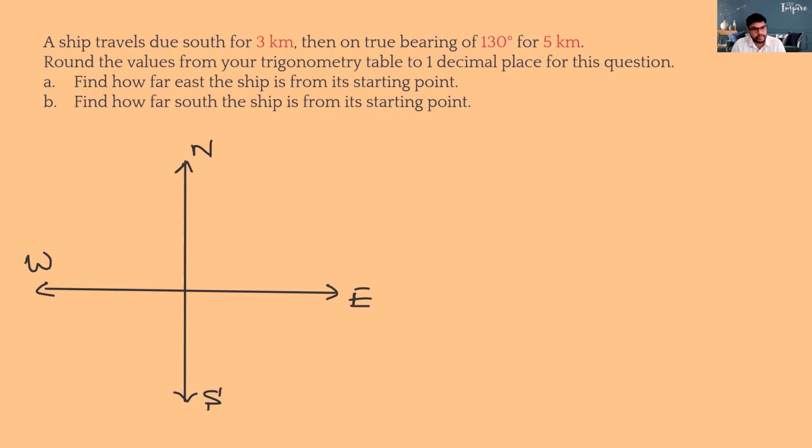South is this way, right? South for 3 kilometers and then at a bearing of 130 degrees for 5 kilometers. Like this, children, right?